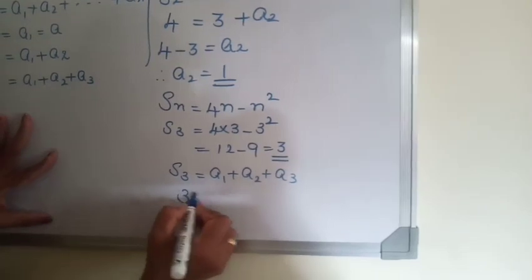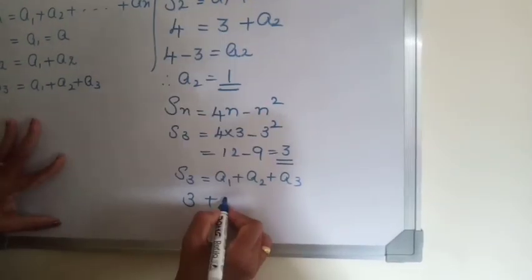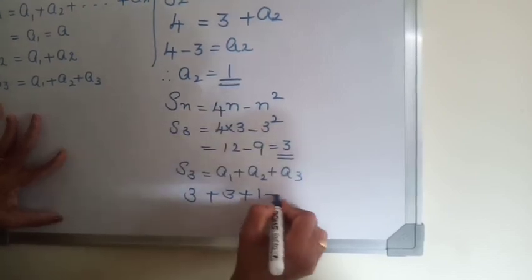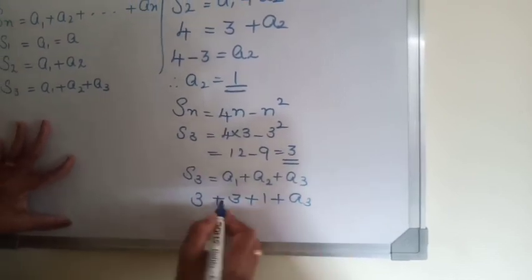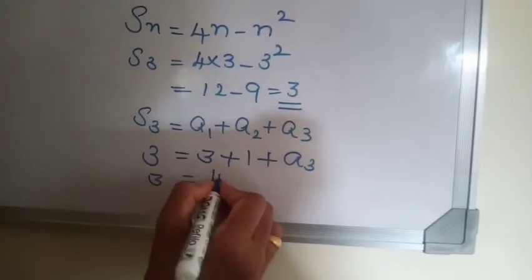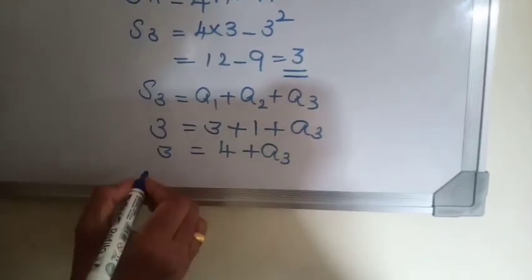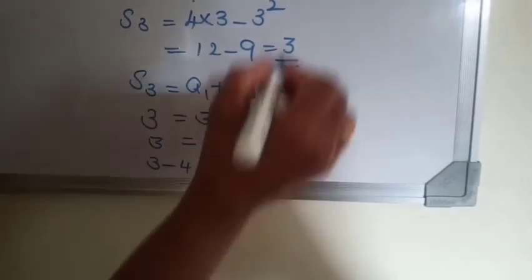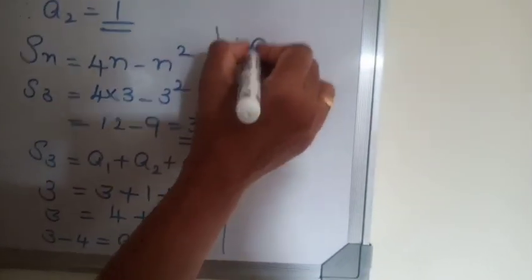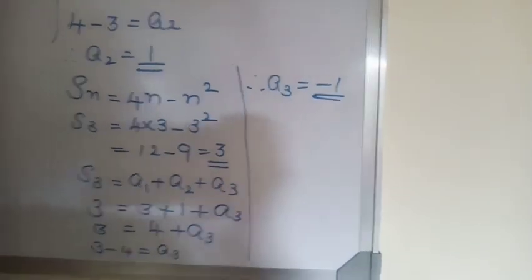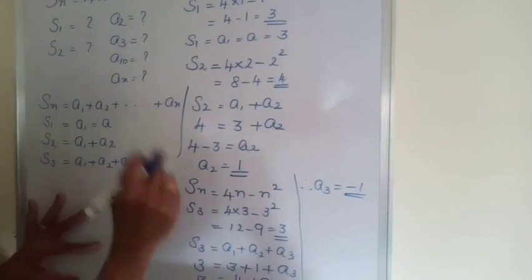S3 is 3, A1 is also 3, plus A2 is 1 plus A3. So, 3 is equal to 4 plus A3. 3 minus 4 is equal to A3. Therefore, A3 equals minus 1. So we got A1, A2 and A3.